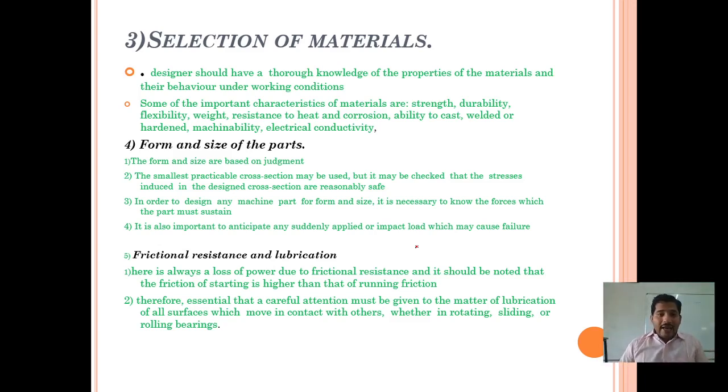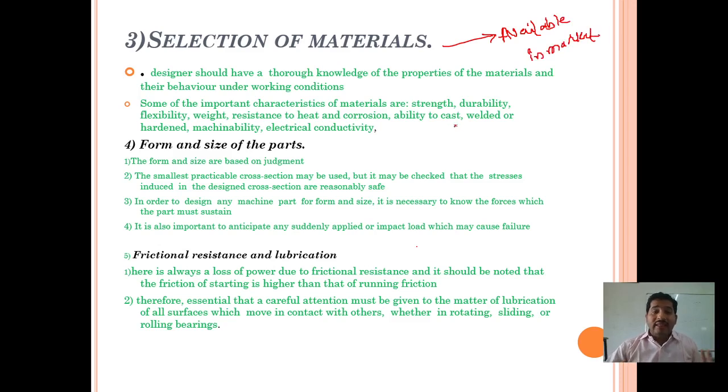The design engineer should have thorough knowledge of the material, as well as its properties and behavior under working conditions. And second thing, we have to know whether such a type of material is available in the market or not.